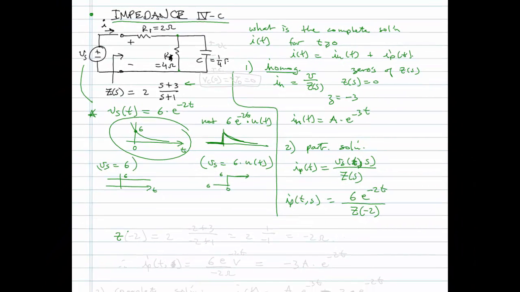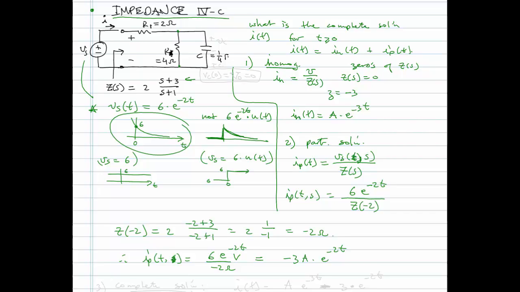So Z of minus 2 is equal to 2 plus 3 over minus 2 plus 1. So that's 2 times 1 over minus 1, or minus 2 ohms. Therefore, the particular response, now that we've plugged a number in for s, is equal to 6 e to the minus 2t divided by minus 2 ohms. This gives us minus 3 amps times e to the minus 2t.